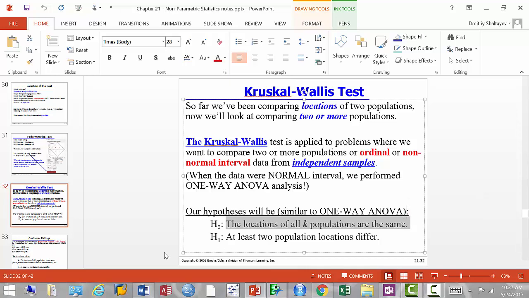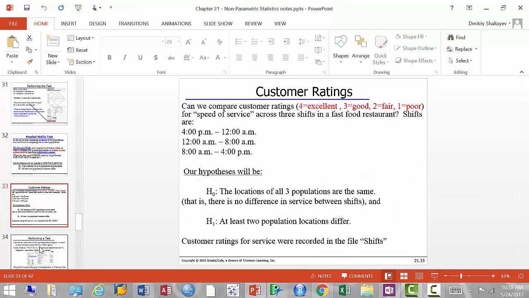Okay? So let's do the human resource management problem: customer ratings of employees in a fast food restaurant. Suppose I'm a manager of a fast food restaurant. A 24-hour restaurant. Is McDonald's 24 hours? Some of them. So let's say I'm managing one of these 24-hour restaurants.